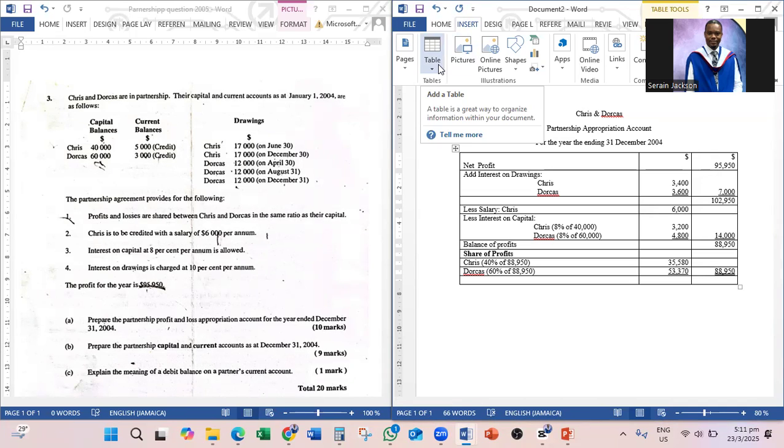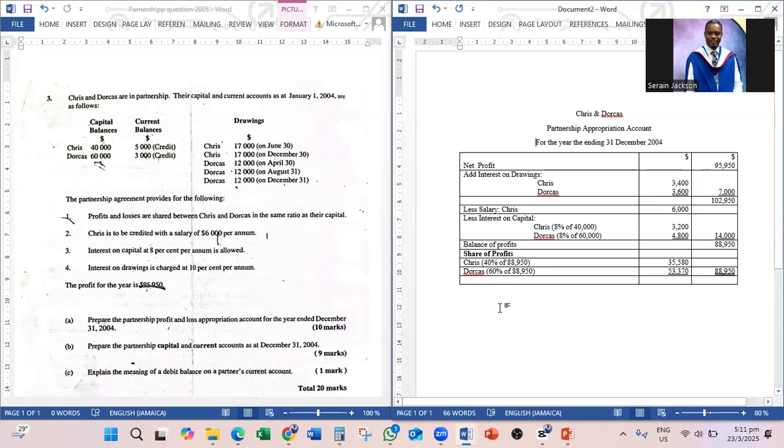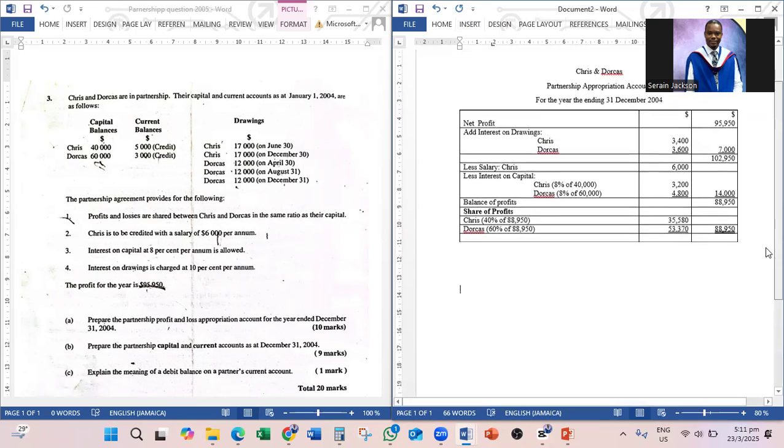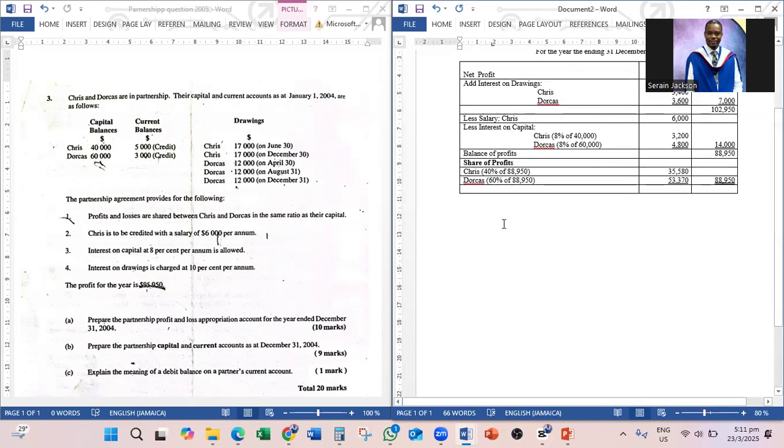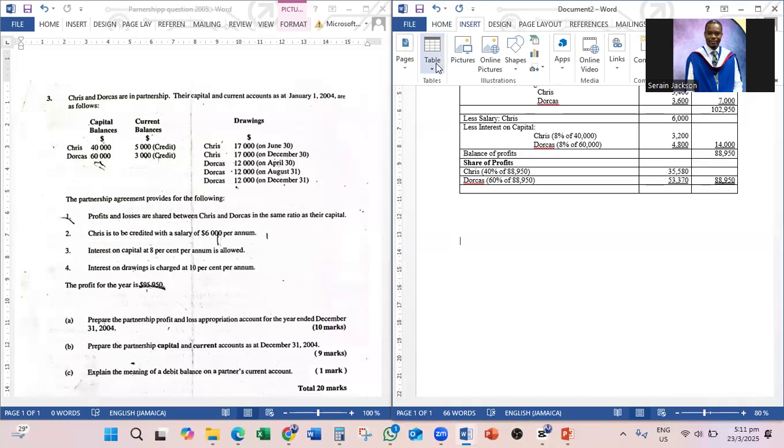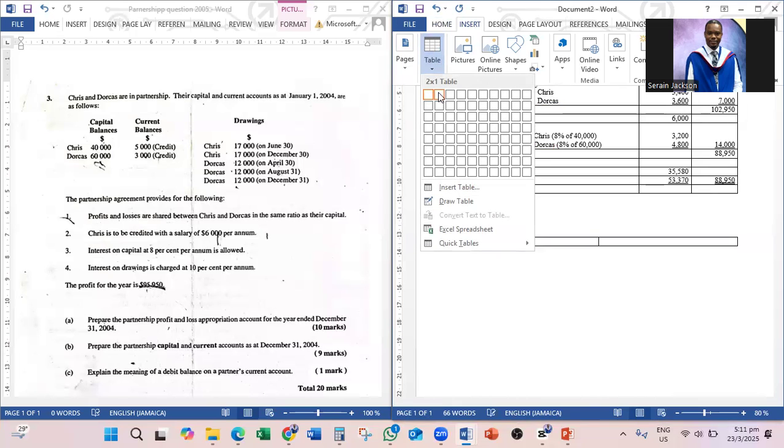In my last upload, I told you how to create the current account, which is really called the fluctuating capital account because the capital was included in that current account. And I told you that if you see a question where they're asking you for both the capital and the current account, then you can separate them. So I'm going to show you how to separate that right now. You can separate them or you can do them together. So let's look at it.